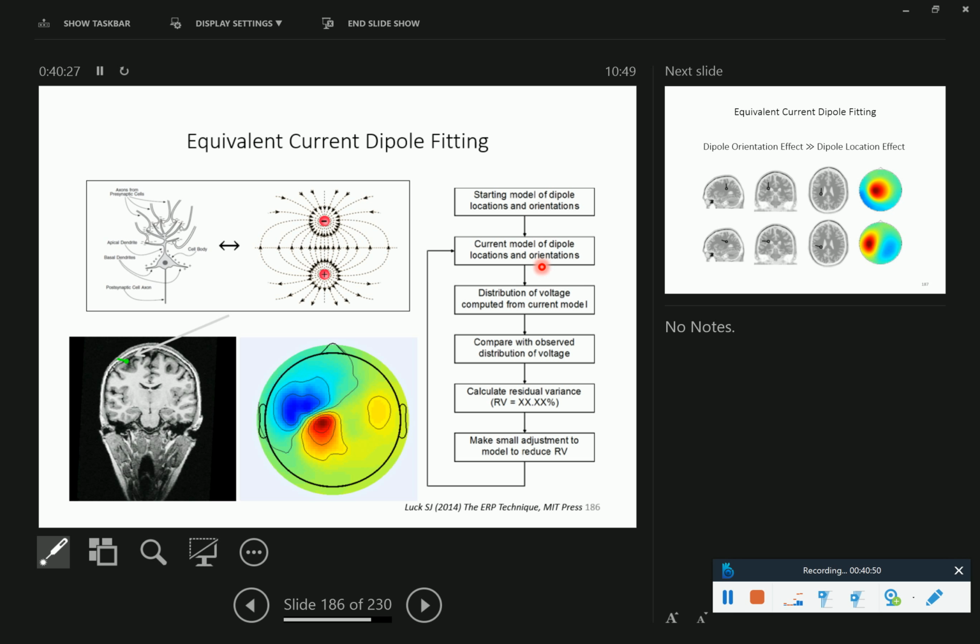Then you have your current model of dipole locations and orientations. Then you compute what you would get on this scalp, and then you can compare it and see whether that fits or not. If it doesn't fit, then you would change basically the position or the orientation to make it fit better.